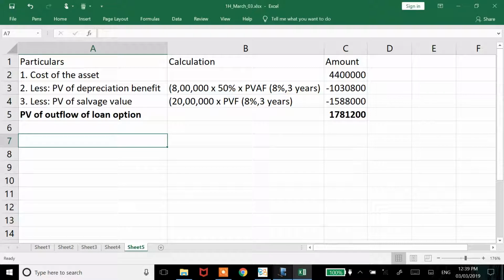Next working note is lease option. Present value of outflow of lease option. Whenever the problem is silent, the discount rate is the after tax cost of debt.